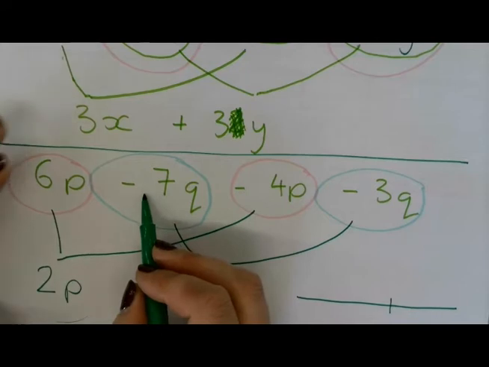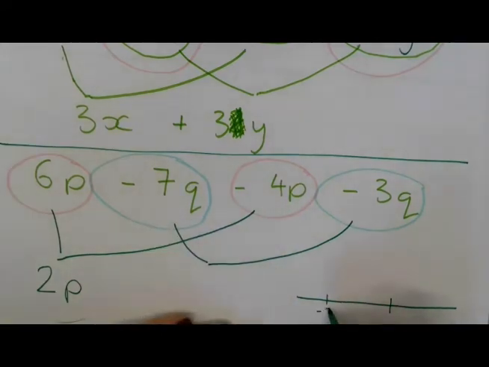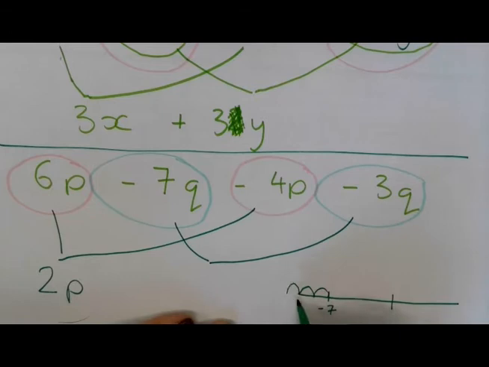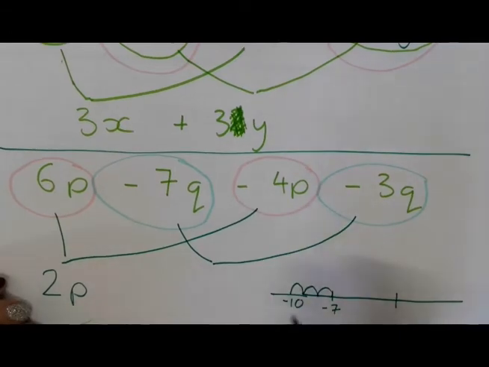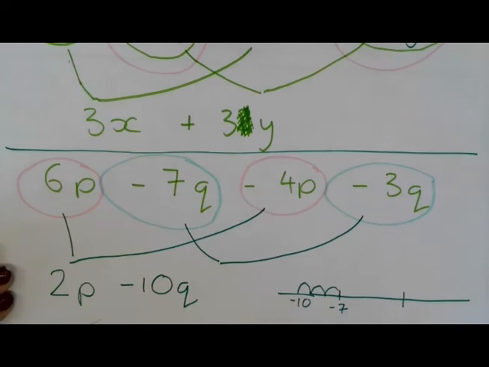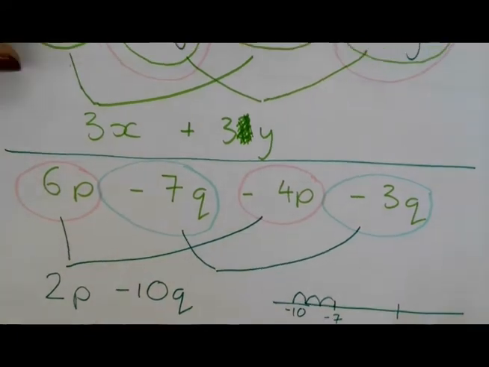We're starting at negative 7, so that's where we're starting. And we're subtracting 3. So we're going in the negative direction this way by 3. 1, 2, 3, which lands us at negative 10. And because I've said negative 10, we write it in with a negative sign, so negative 10q. Because we've landed on a negative, these are joined with a negative sign.